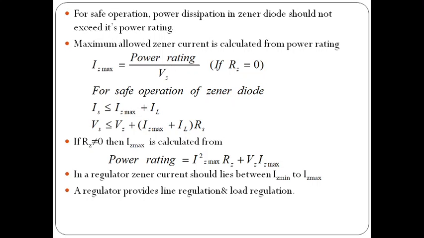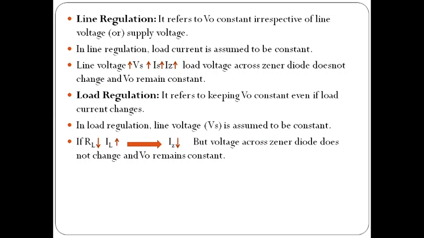So otherwise you can say this regulation is of two types: one is line regulation and the other is load regulation. In line regulation, the output voltage is constant irrespective of line voltage changes. In line regulation, the load current is assumed to be constant. So we are considering the line regulation. It means the output voltage is constant even with changes in the supply voltage. In this we need to assume the load current is constant.